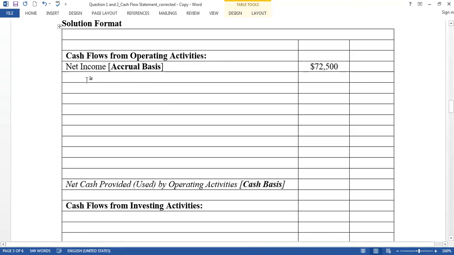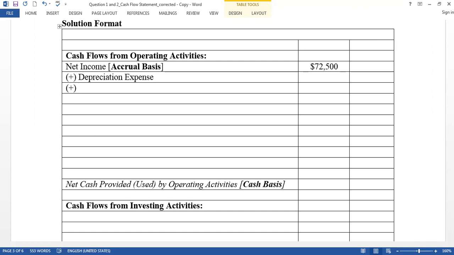And we have to follow some rules. First, we have to add back depreciation expense. If you don't know why we add back depreciation expense, go back to my previous lesson.